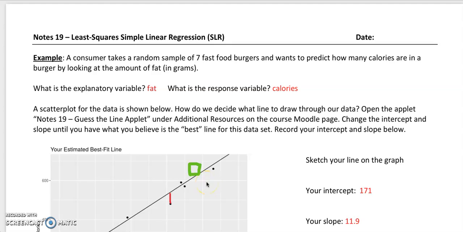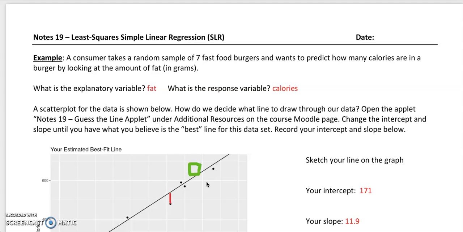For Notes 19, we're going to talk about something called least squares simple linear regression, or more commonly, just linear regression. In the previous set of notes, we talked about correlation as a way of seeing how related two quantitative variables are.